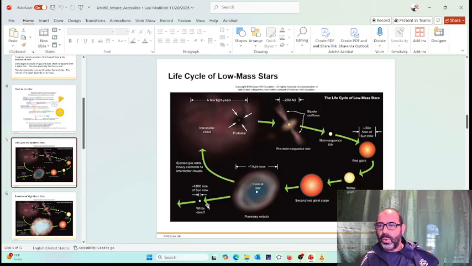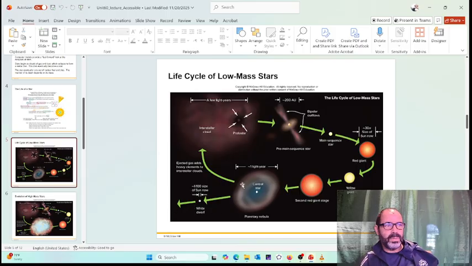Remember, the core's temperature is in the millions of Kelvin, but at this point its temperature drops drastically to maybe about 40,000 Kelvin. That's still super hot, but it's not going to be sustained anymore, since there is no source of heat. So that heat is going to be released, and the star will evolve into a white dwarf.